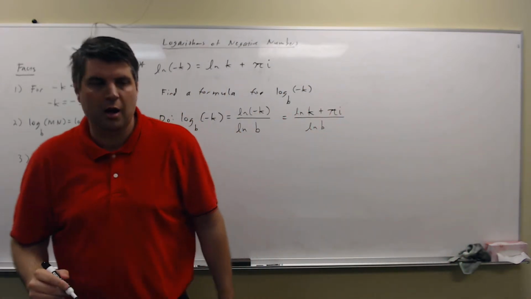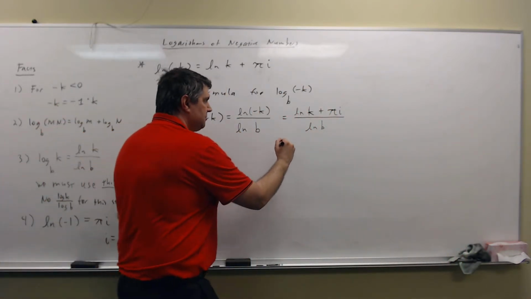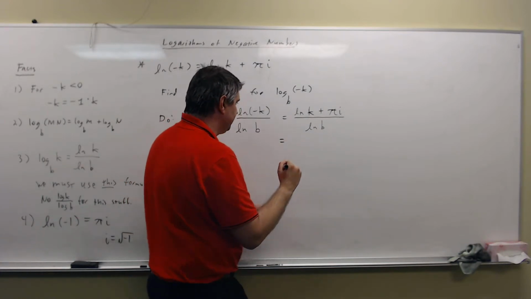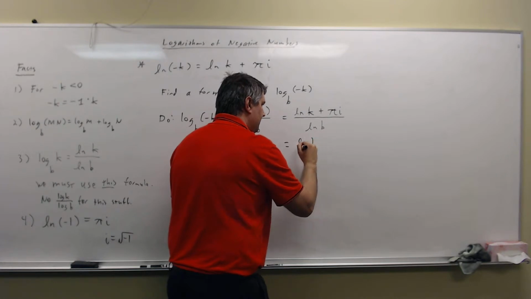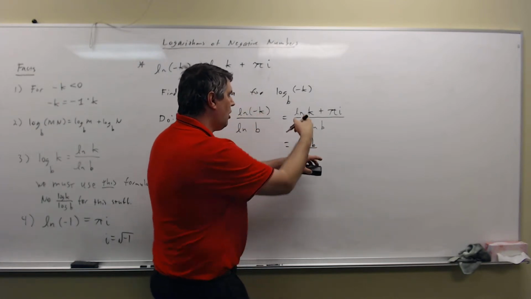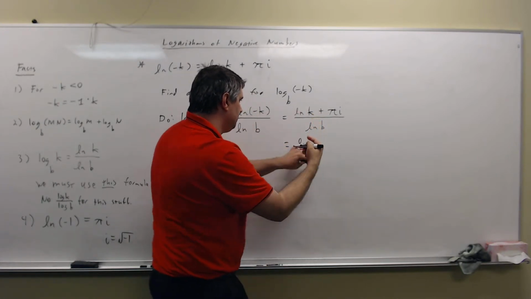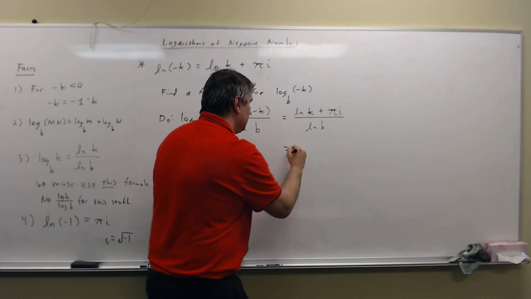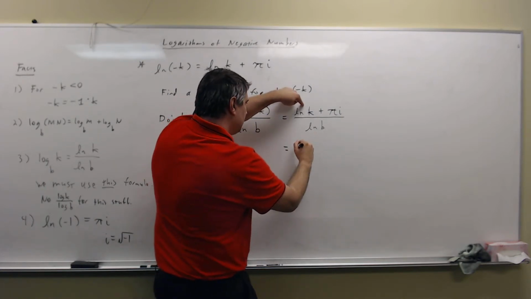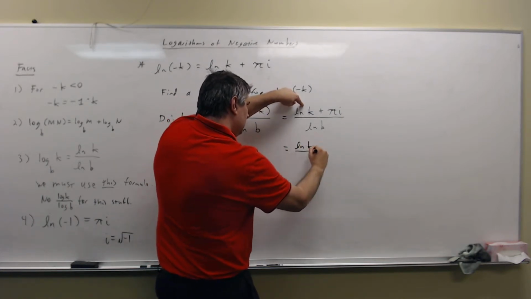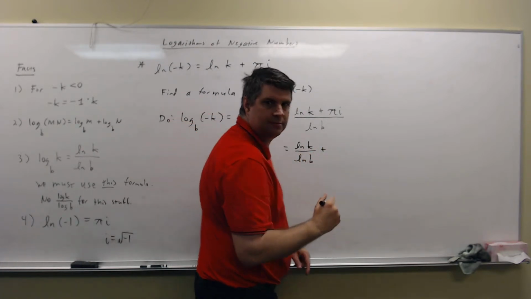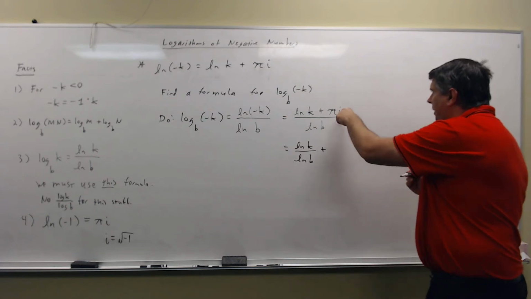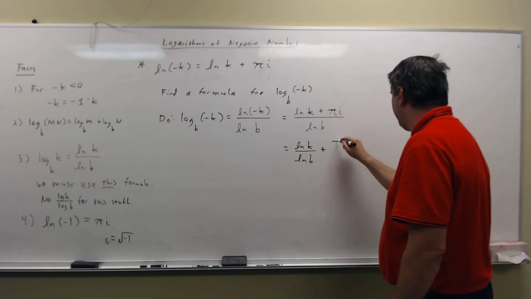Okay? I will then proceed to split the fraction. Natural log of k over natural log of b plus pi i over the natural log of b.